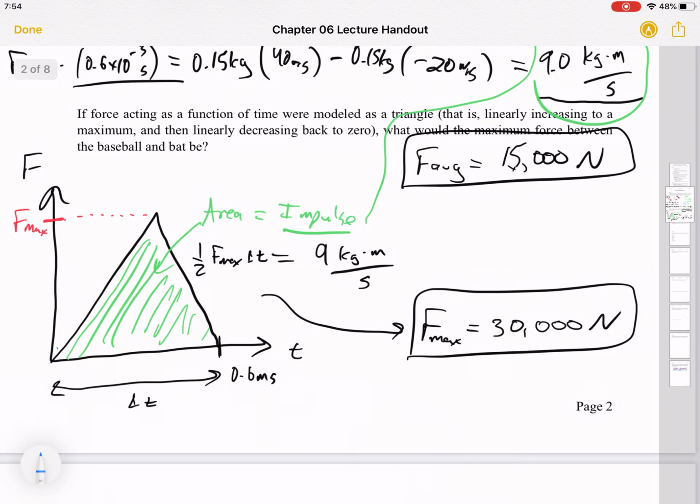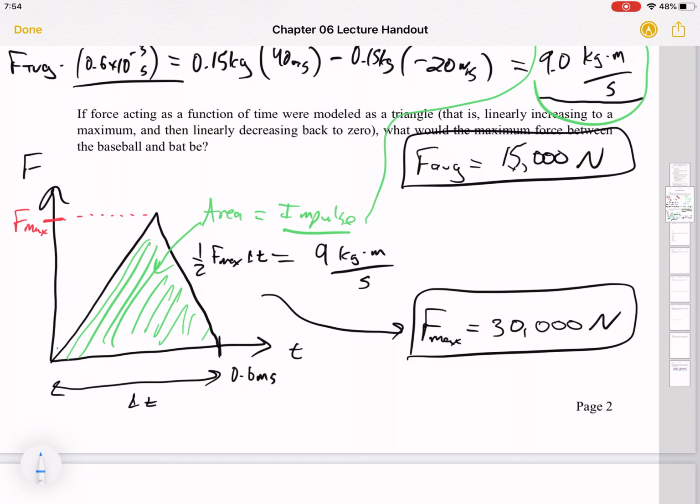So why bother to model it like something that we don't really expect it to be exactly? It's a good order of magnitude estimate. Let's say you're designing a baseball. You ask, how big a force does this baseball need to be able to withstand without the stitches coming apart and whatnot? You could ask what kind of impulse it needs to absorb.